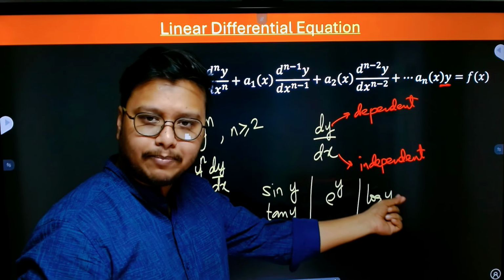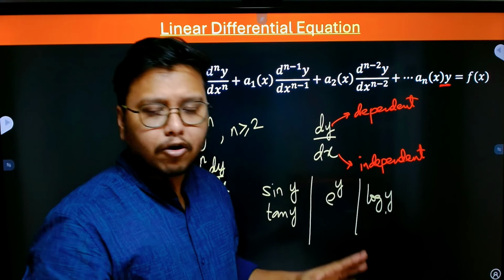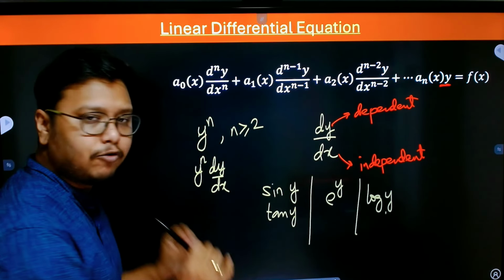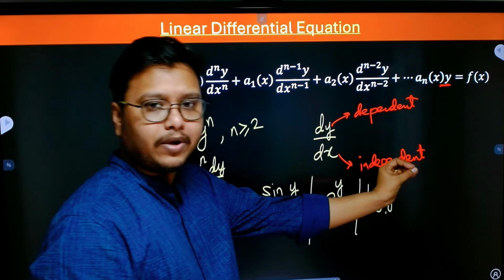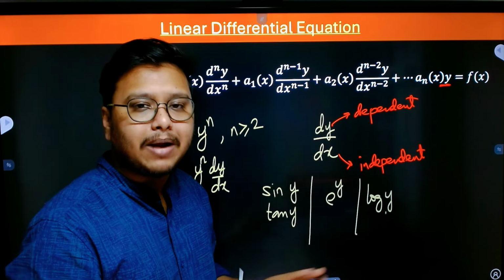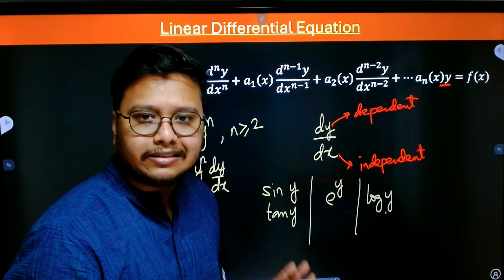x is our independent variable, so the independent variable may be present in any format, that doesn't create any problem for us, but we have to make sure that the dependent variable in the differential equation is present in a linear format, not in a non-linear format or in the form of transcendental terms.